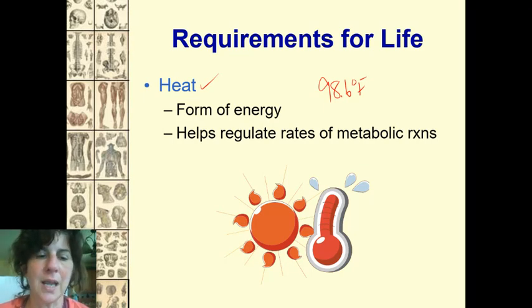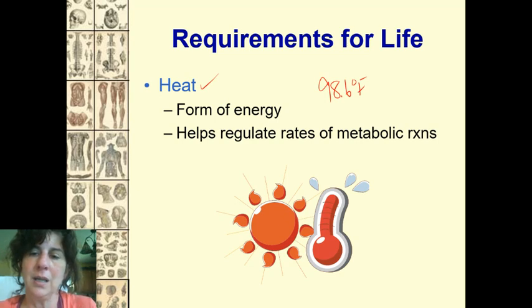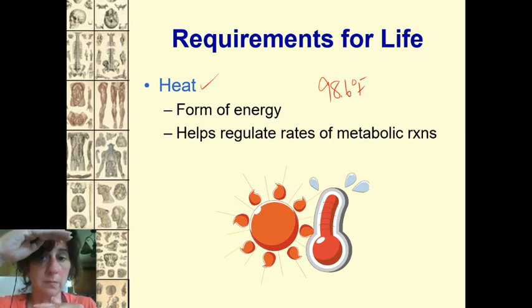But 98.6, and it's not always at that amount. You can go a little above that, you can go a little below that. As long as you're within this sort of acceptable range, we're good. If you go outside that range, too high is going to indicate there's something wrong. If you start to go above that, you sweat to cool back down into that range.